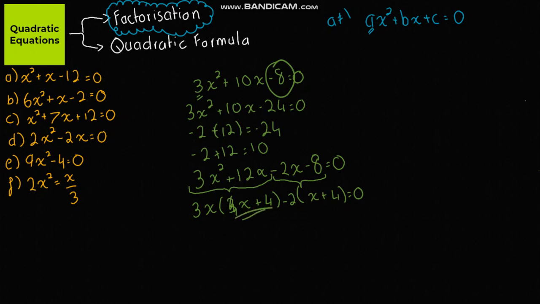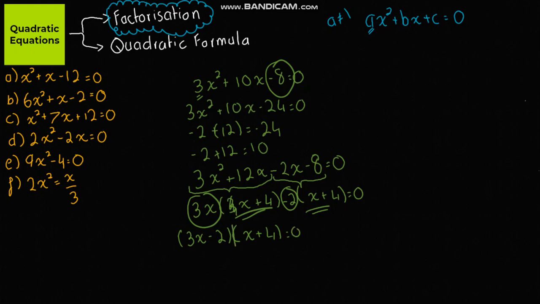Remember, these two must be the same, otherwise there's a problem which has occurred. So what we'll do, we put these into one bracket, so you get 3x minus 2 times x plus 4 is equal to 0.